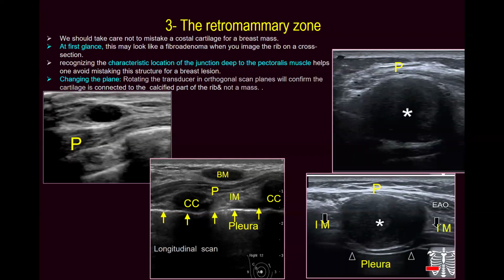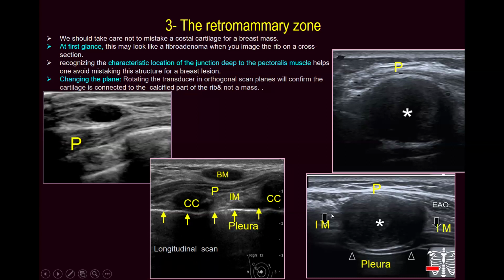We have to rotate the transducer in an orthogonal plane to confirm that it is elongated, extended and connected with the rib, and it is not a mass. Here, seen posterior to the pectoralis, it is most likely costal cartilage.